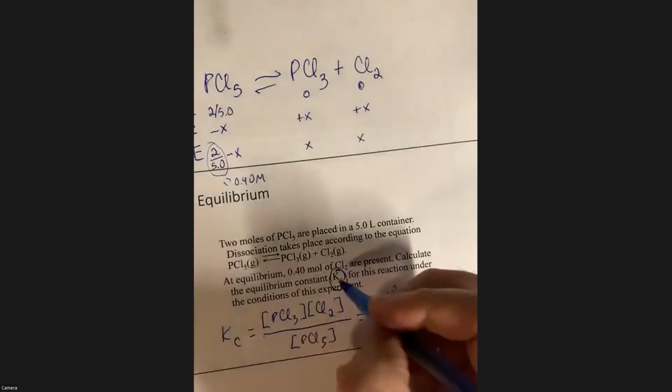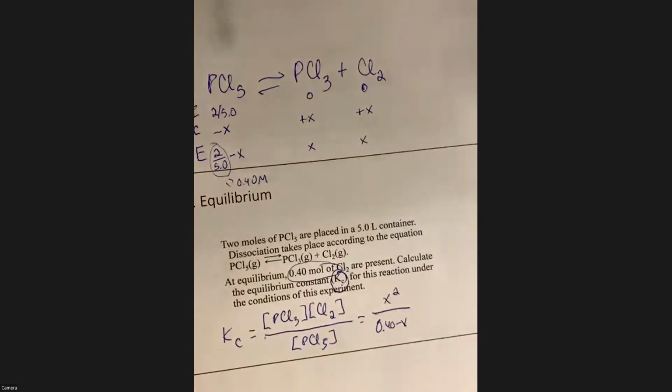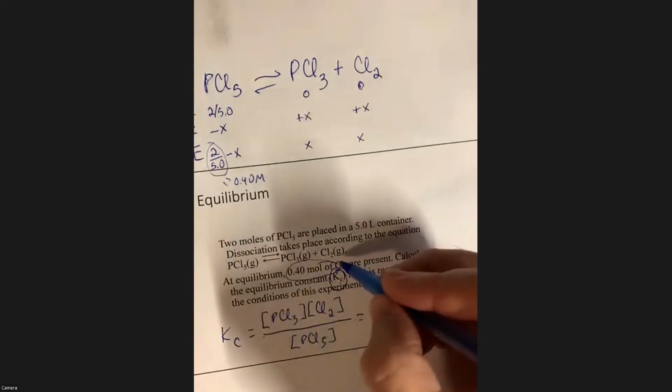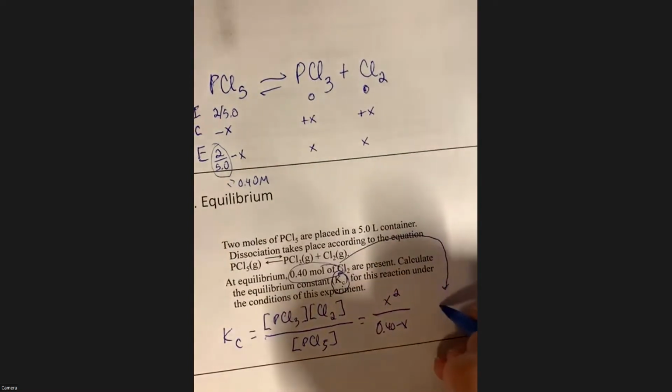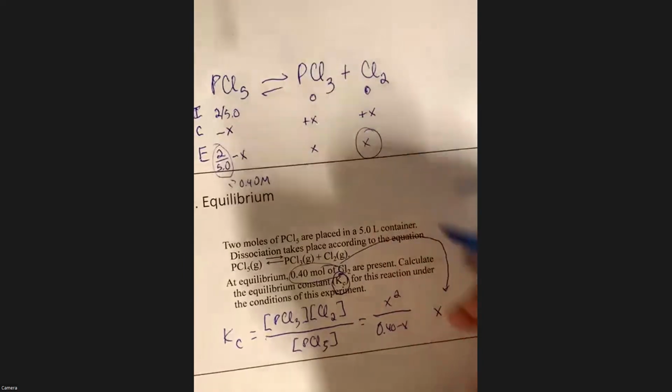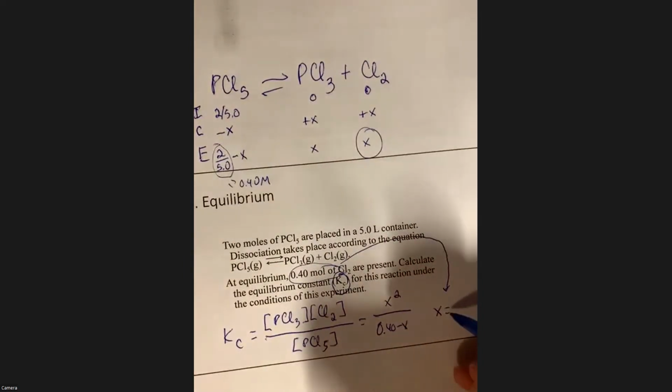At equilibrium, there are 0.40 moles of chlorine. So that means that X, right, this guy, is 0.40 moles in 5.0 liters.